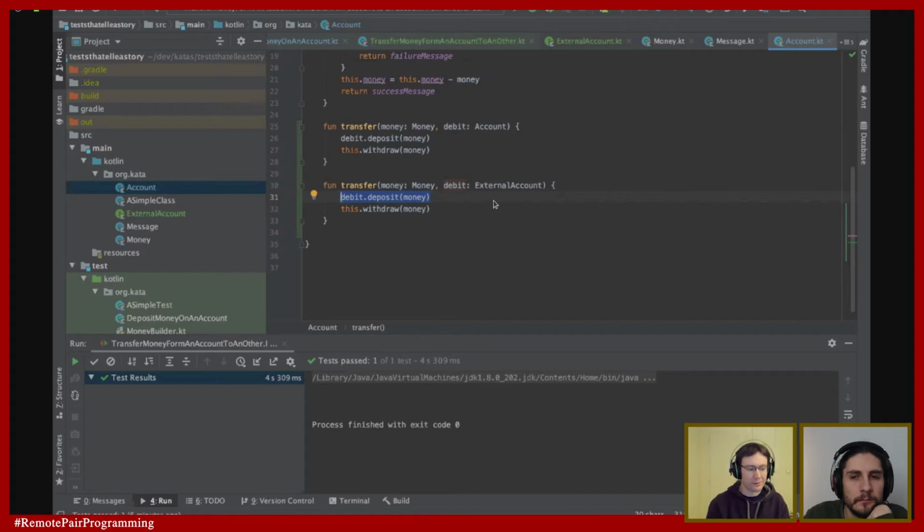Maybe we just want to say that the account makes a request to another entity to have some money deposited somewhere, and makes another request to have some money withdrawn from somewhere. This way we can test the logic and don't care whether it's a local account or an external account, because that is dealt with somewhere else. So this would be another approach.